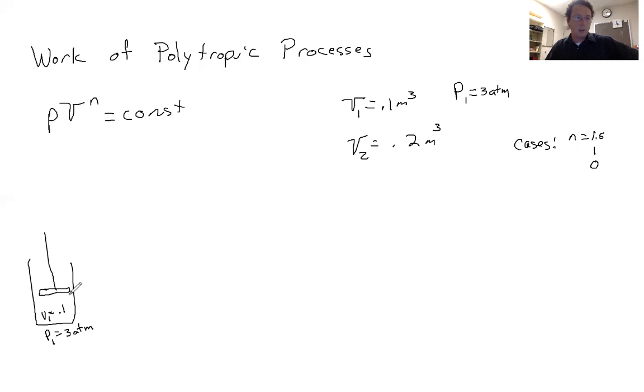And then the piston will expand out to the dotted line, V2, which is twice as big, so it'd be 0.2 meters cubed. And we're going to consider the cases of n equals 1.5, 1, and 0.